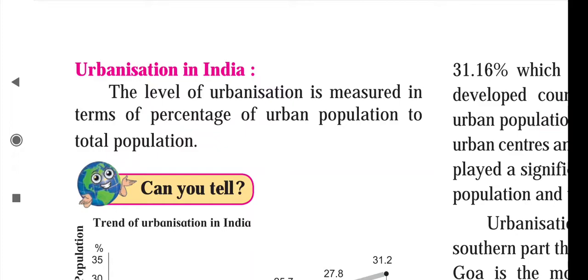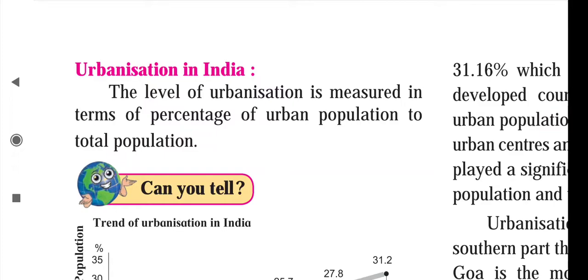Why? Because more facilities are available, basic needs are easily fulfilled, and in job opportunities, health, education, all these fields, they find more options. That's why people migrate from rural areas to urban areas.